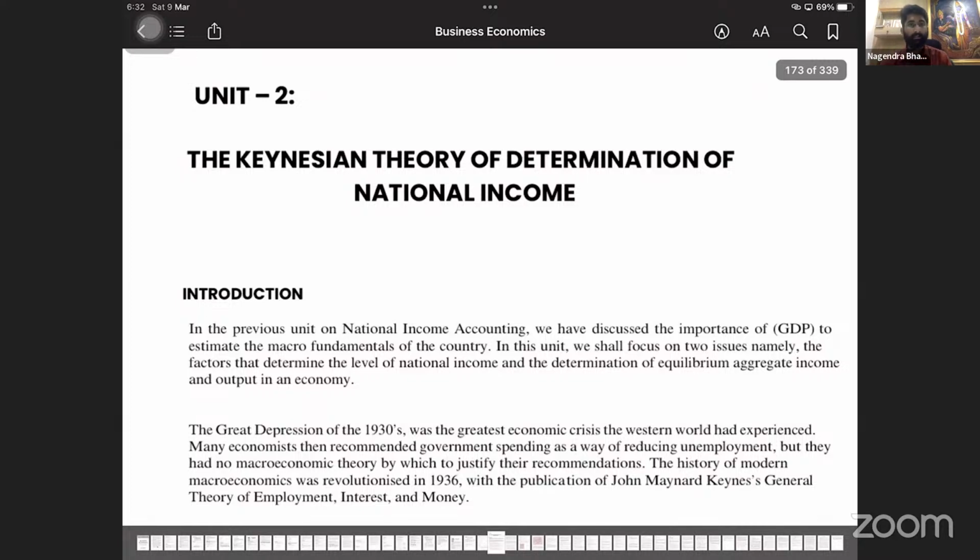John Maynard Keynes, not Lord, John Maynard Keynes. This person gave many theories. In microeconomics, who was famous? Alfred Marshall. In the same way, in macroeconomics, the most famous is John Maynard Keynes, J.M. Keynes.